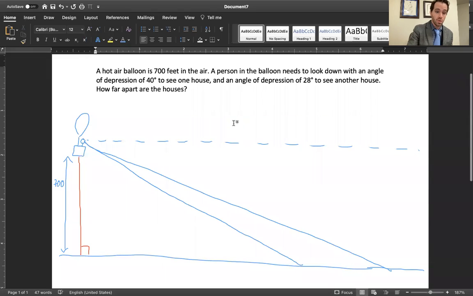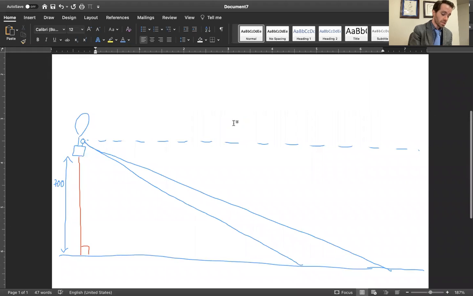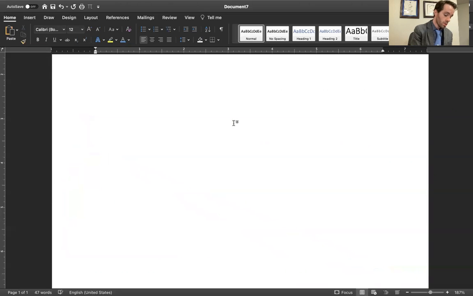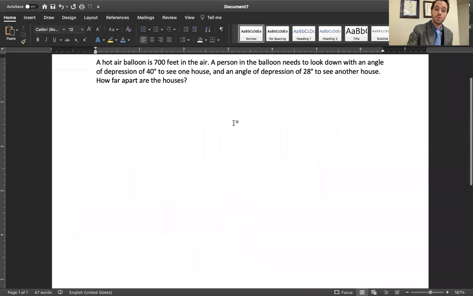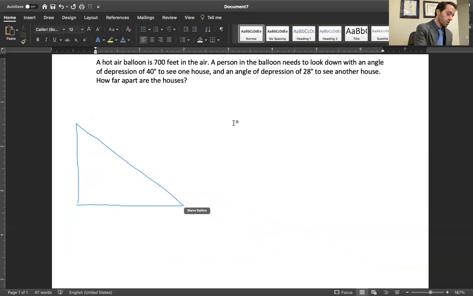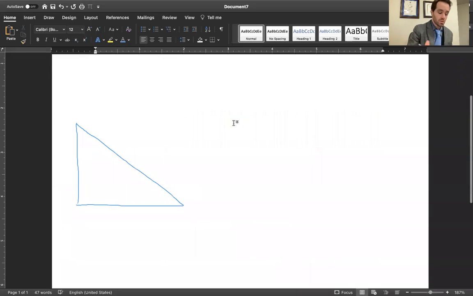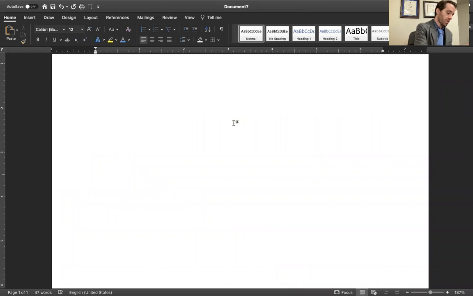I'm going to scroll down to give myself some room and redraw with the two triangles.